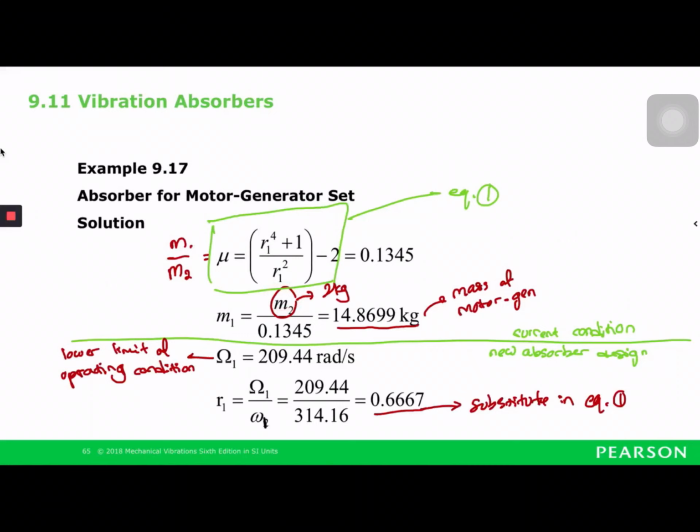Now the next step is we want to design a new absorber. For the new absorber, we do not know what range we should use, but we do know that we do not want to meddle with the lower limit. So the lower limit is 2000 rpm.